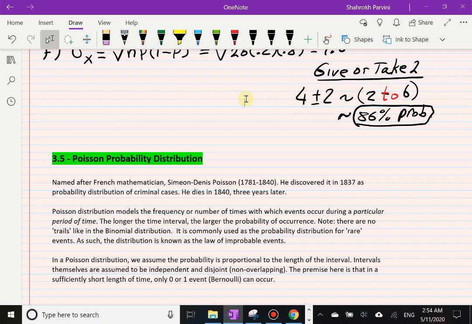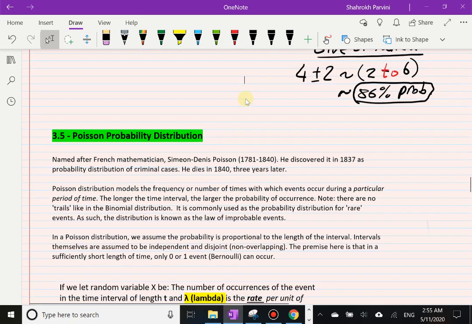The shorter the length, the smaller the probability that something will occur. These intervals are independent and mutually exclusive, so there's no overlap of the intervals. And the premise is that in a sufficiently short length of time in that interval, the events are Bernoulli. It means either something happens or it does not happen.